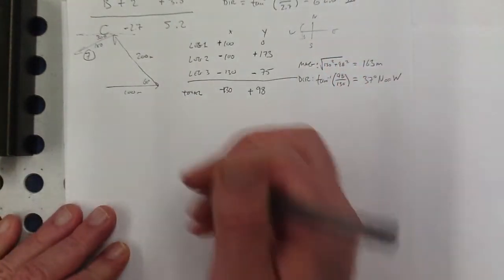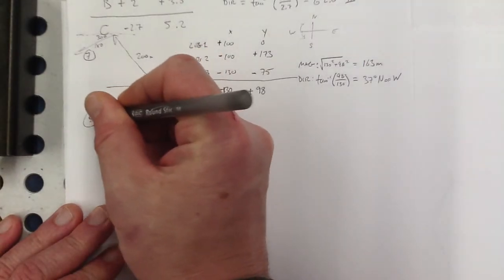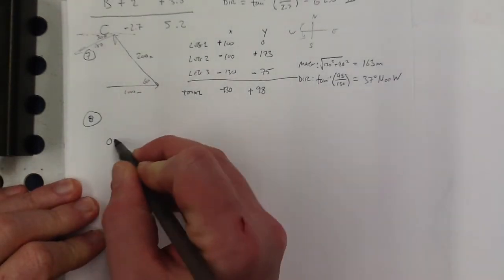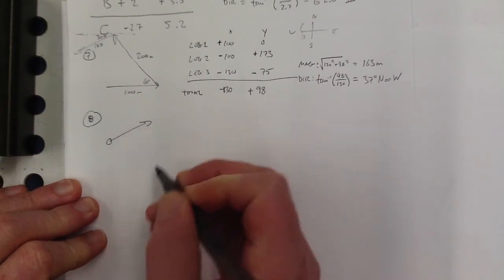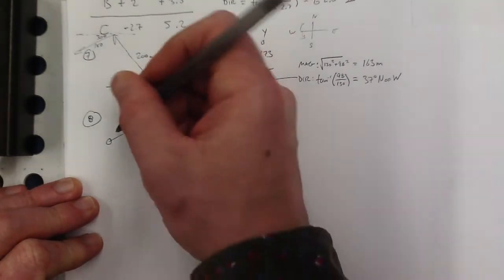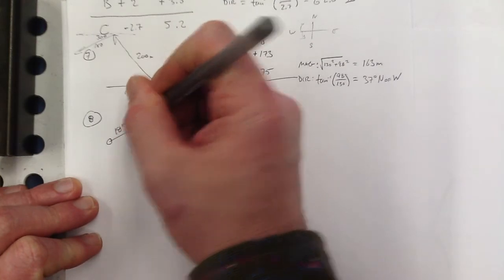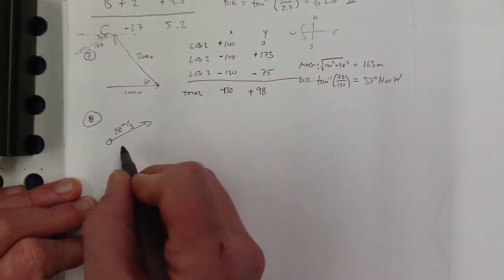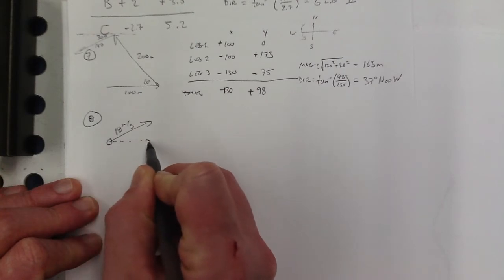All right. Number 8, a soccer ball is kicked at an angle 40 degrees above the ground with a speed of 18 meters per second. So imagine the ball is kicked like this at 18 meters per second. So that's its speed in this direction. What are the horizontal and vertical components of the velocity? So that's just asking for these two things.